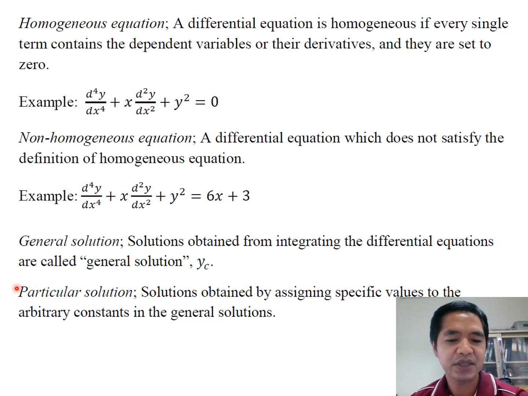And for the particular solution, when we get the general solution and then we substitute the initial condition to find the value of the constant C, we call it the particular solution. It is a solution obtained by assigning specific values to the arbitrary constant in the general solution.